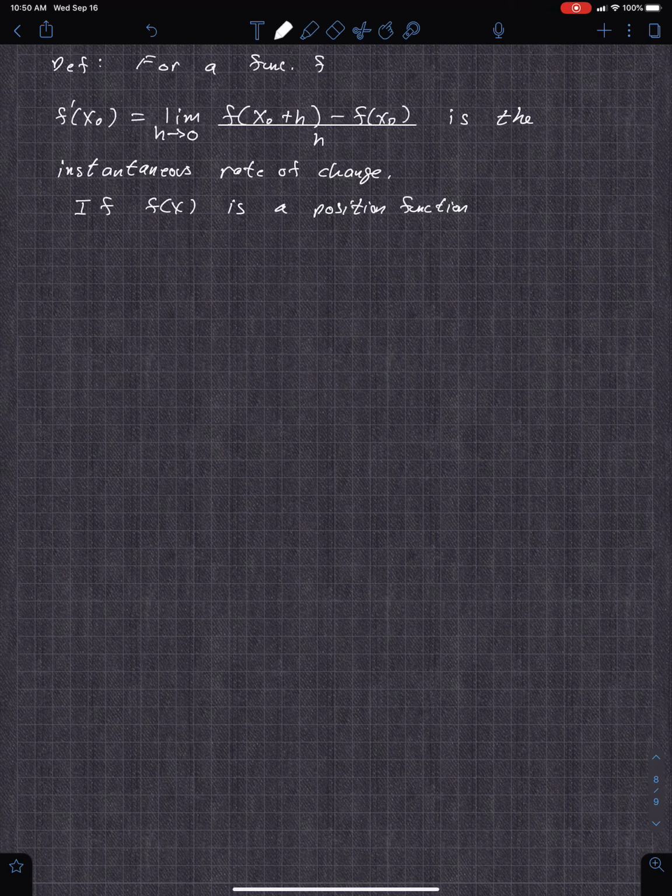If f of x is a position function, it's written, and this is just notation, as s of t or f of t, where t is time. Now we're going to consider a curve with respect to time. So you have some curve like this, and as it's being traced out, we can say there's a starting point and an ending point.